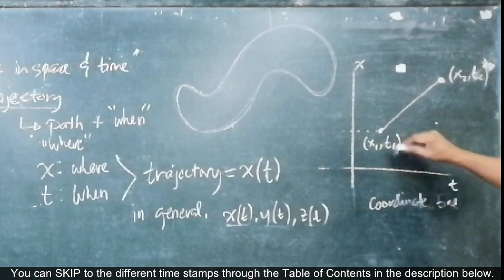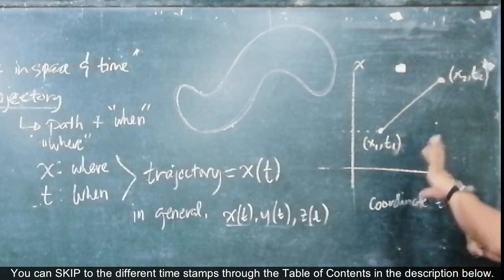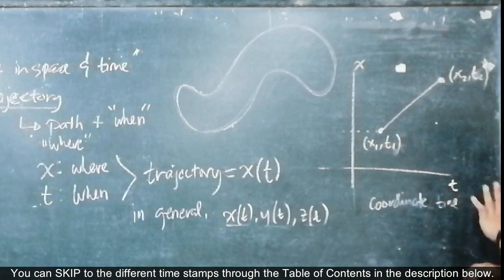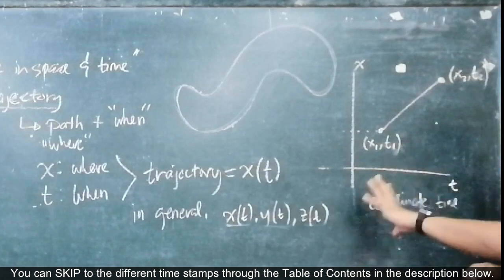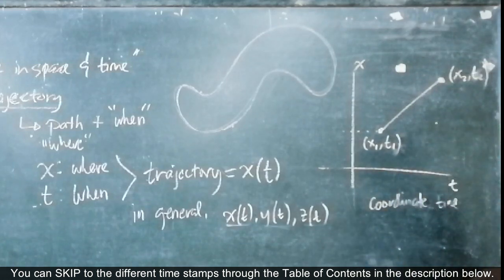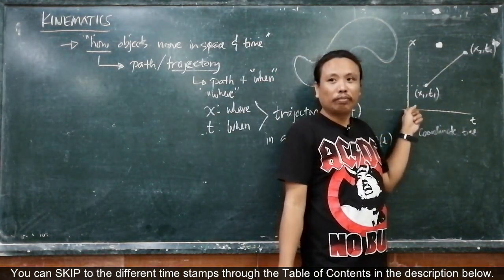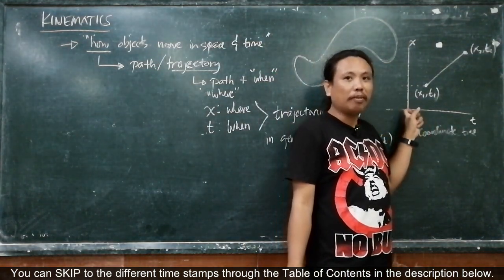Every point in the xt plane is what we call the coordinate time. The zero is actually arbitrary. We can set that zero at any time.